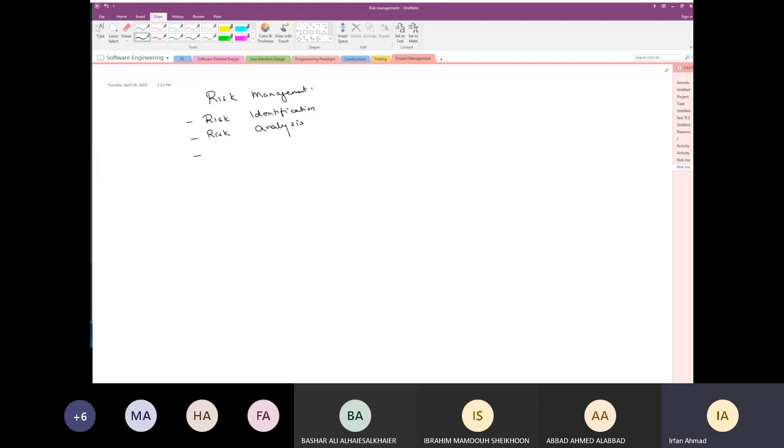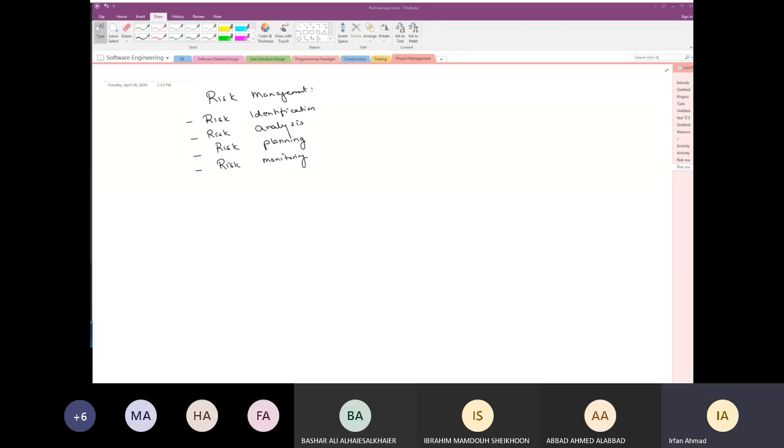Okay. And the third one is risk planning. And the last is risk monitoring. Okay. So let's try to understand these concepts.